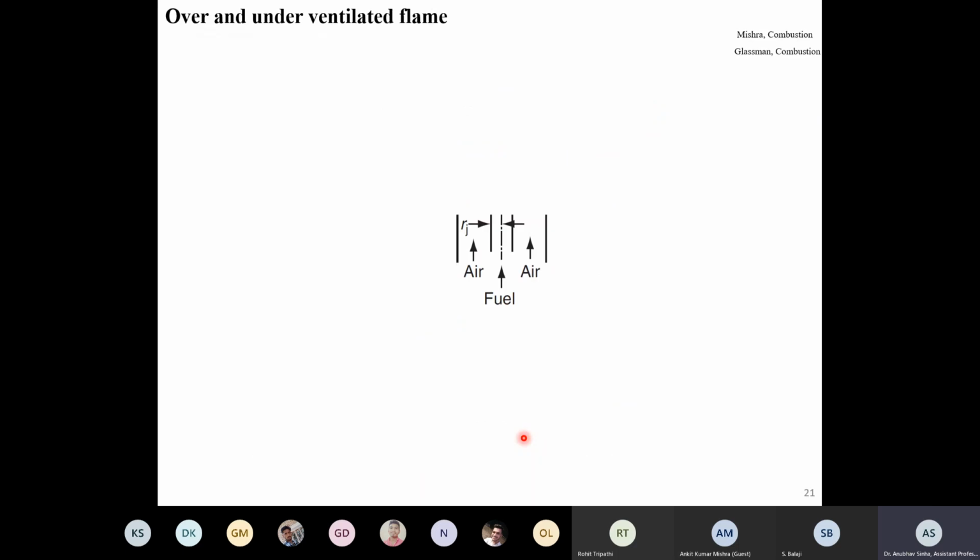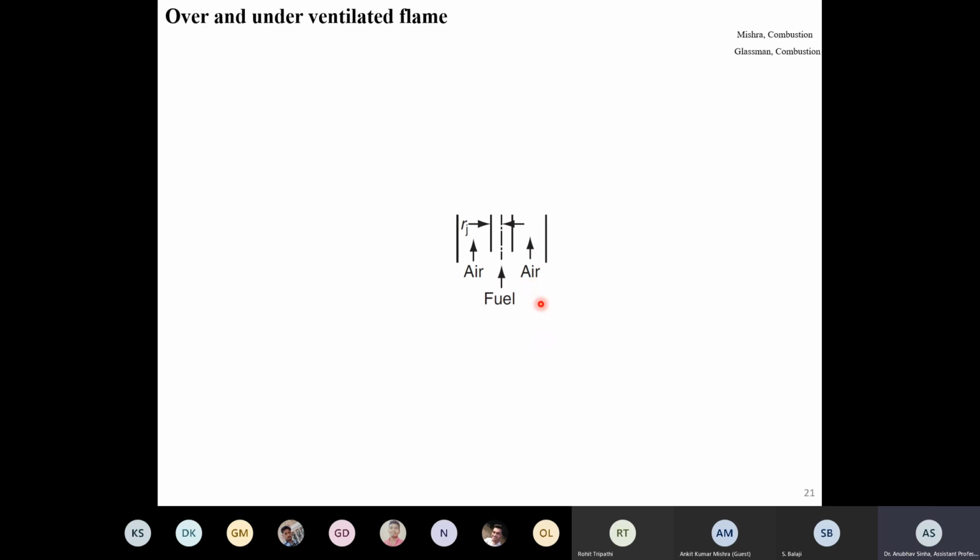Let us now look at another interesting thing, which is called over-ventilated and under-ventilated flame. Let us talk about a coaxial flame jet. We have one tube which is carrying fuel, and a concentric bigger tube which is carrying air or any oxidizer.